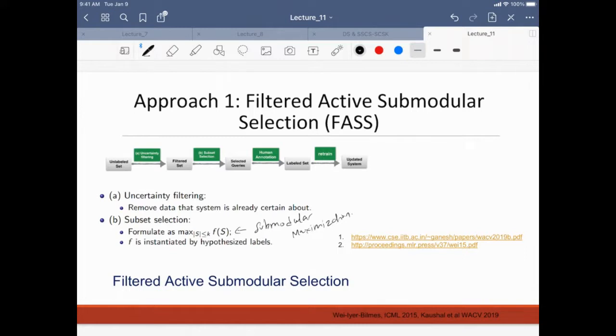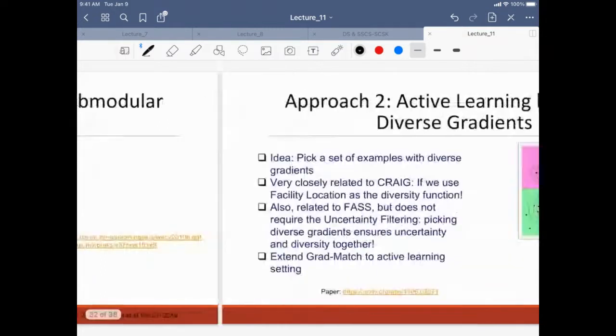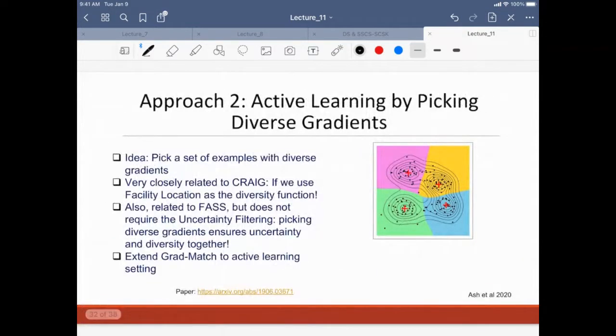And if you recall, we studied submodular maximization in, I think, the last-to-last lecture. So essentially, we would be using the algorithms from there to do this. Okay, so this strategy is called filtered active submodular selection. Then there was work in 2020 where they came up with a very interesting approach.